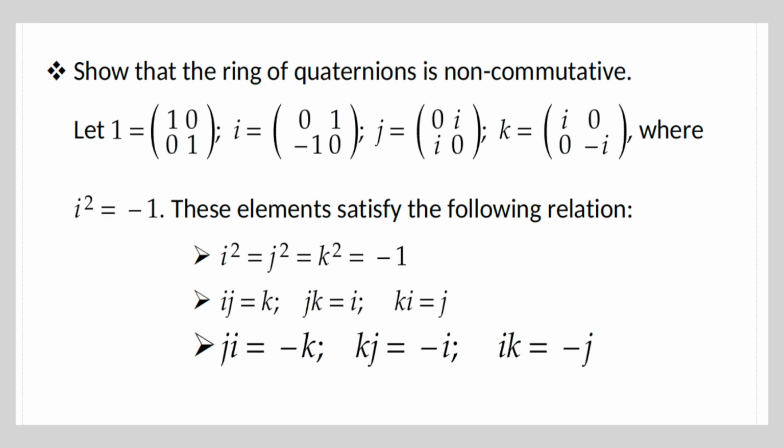These elements satisfy the following relations: i square equal to j square equal to k square equal to minus 1, ij equal to k, jk equal to i and ki equal to j, ji equal to minus k, kj equal to minus i, ik equal to minus j.